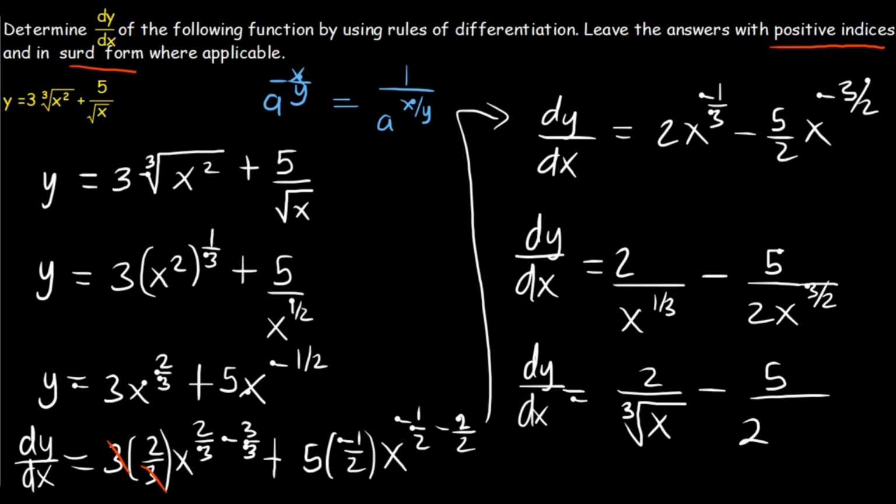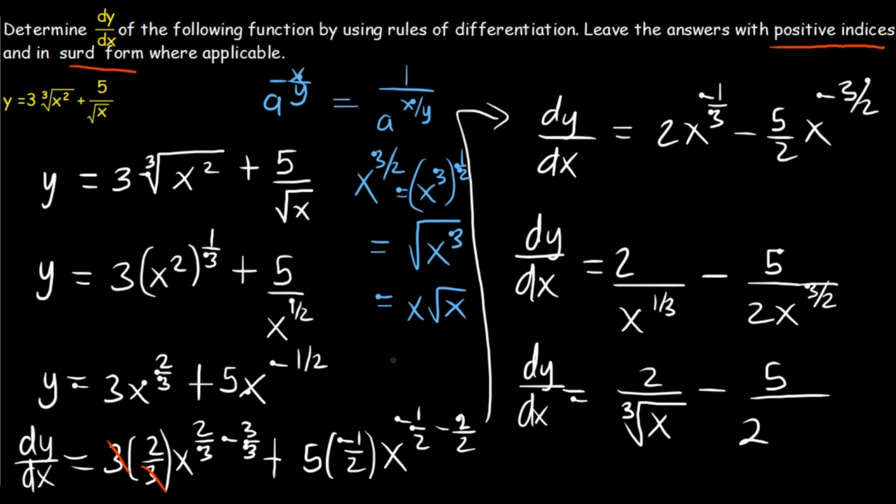And x to the 3 over 2 is just the same as saying x, let's put a power of 3 inside, all in brackets raised to the power of 1, right? Which is just the same as saying square root of x cubed, or if you like, you can just express it as x root x, right?